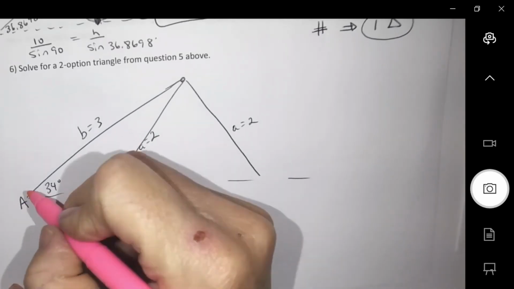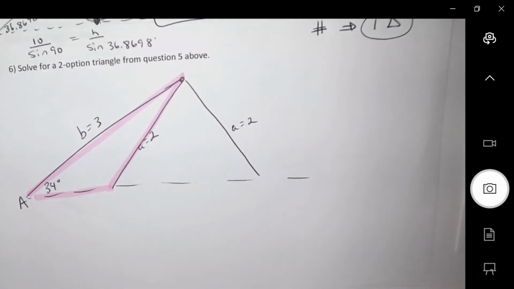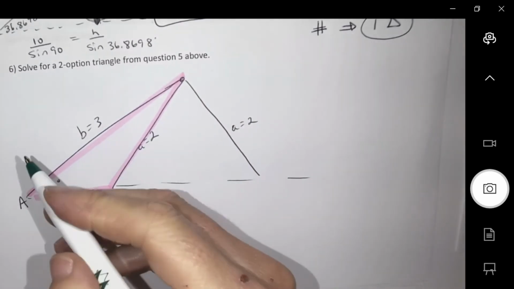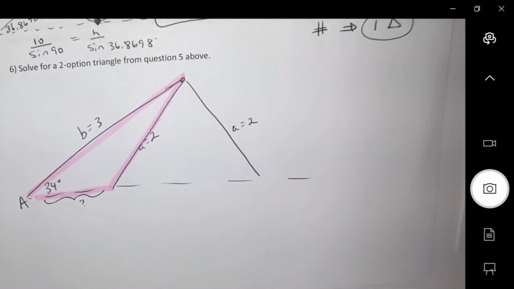So here's the one triangle, 3, 2, and question mark. That's the one thing I will figure out, 3, 2, and the third side. And the other one, I will get that for you.